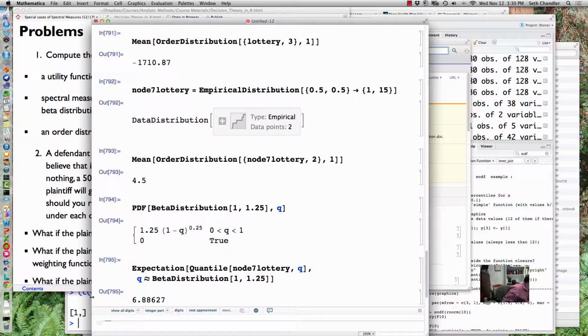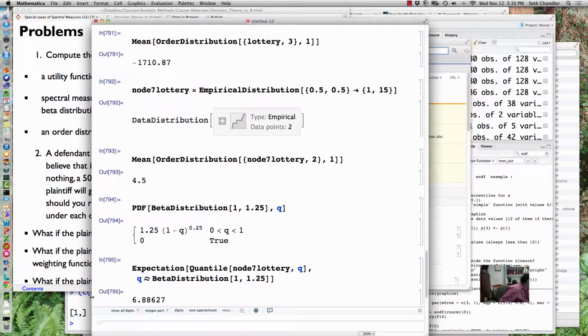Instead, what they're saying is, I'm actually in a setting where I have a 50% chance of a 4, if nature puts me to node 4, a 25% chance of being at node 8, in which case I get a 1, and a 25% chance of being at node 9, where I get a 15. This is called a compound lottery, and what I just did is to flatten the compound lottery.